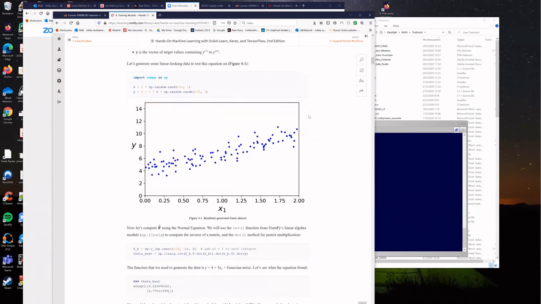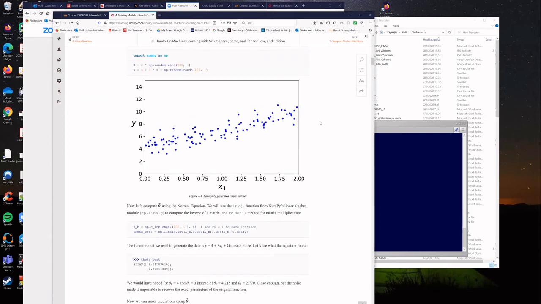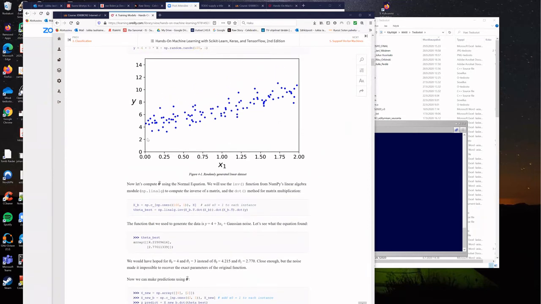In any case, it's maybe easier to see this data set. This is a randomly generated XY data set, and the easiest method here is to find the linear model.